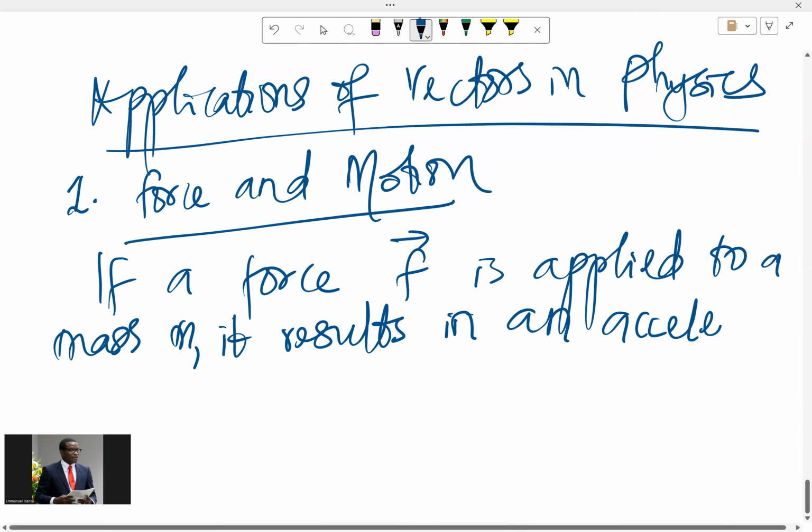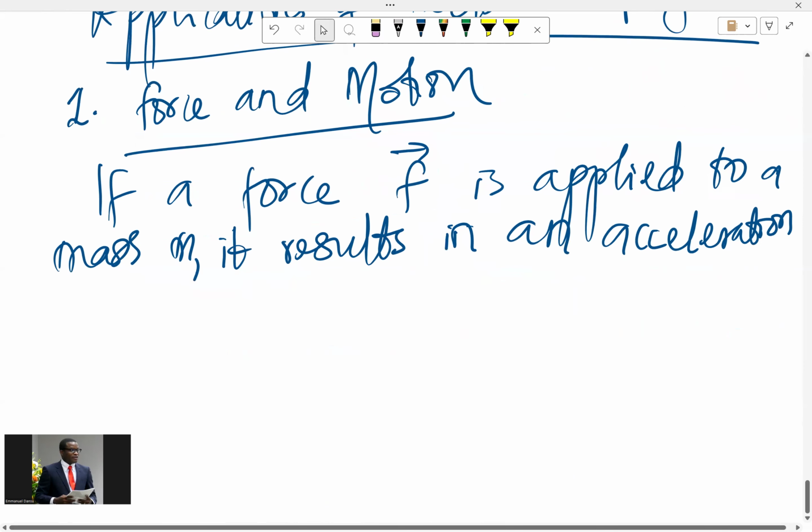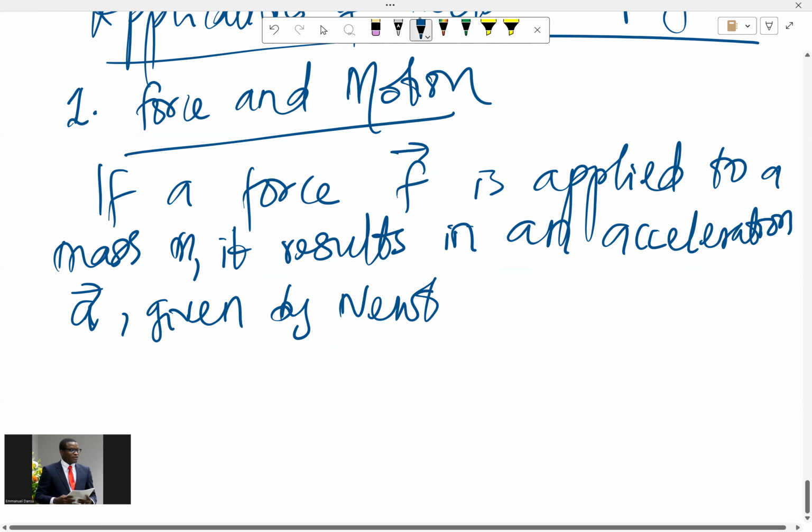Is this even kinematics? I think it is dynamics, because kinematics is motion without caring about the force causing it, but dynamics is motion and the force causing it. Since we're talking about force, it has to be dynamics. So it results in an acceleration vector A, given by Newton's second law.